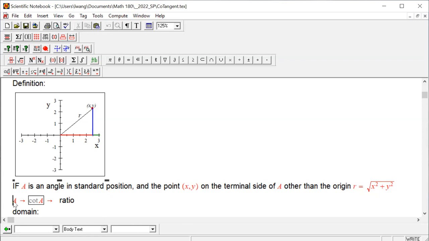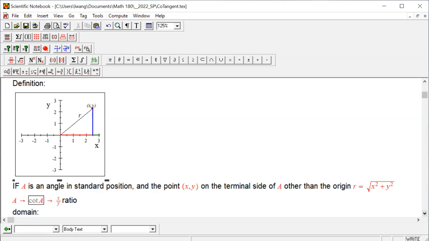Now, the input for a cotangent function is an angle. It produces a ratio, and this ratio is going to be x over y. So that's the cotangent ratio.